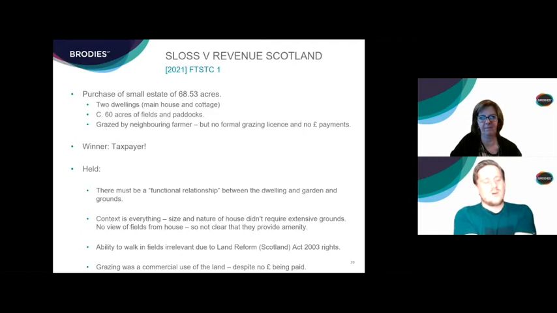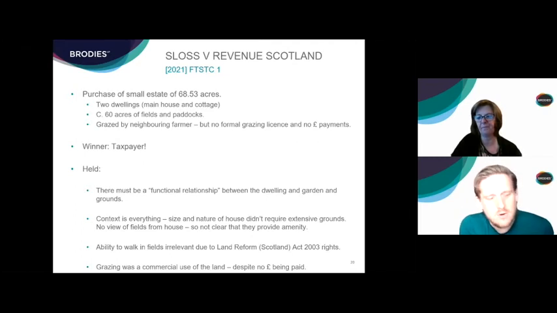In Sloss, there are a number of things going on in the decision, but for our current purposes, it's just interesting to look at how the taxpayer was successful here. First of all, really in line with Miles Till and some of the comments from the other cases, they successfully argued that there has to be a functional relationship between the dwellings and the land that is bought with them for them to constitute garden and grounds.